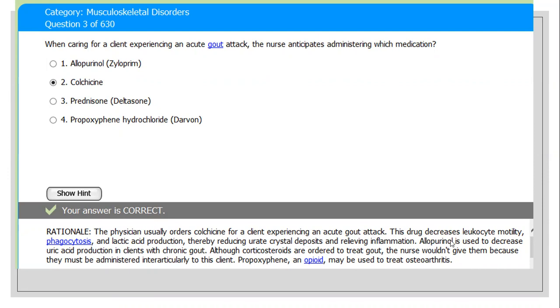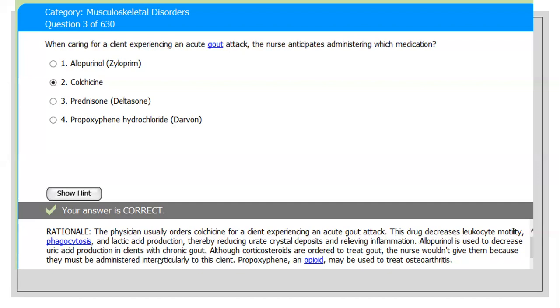What else about allopurinol? Allopurinol is used to reduce uric acid production in the client with chronic gout. Although steroids, particularly corticosteroids, are ordered to treat gout, the nurse would not give them because they must be administered intraarticular for the client.